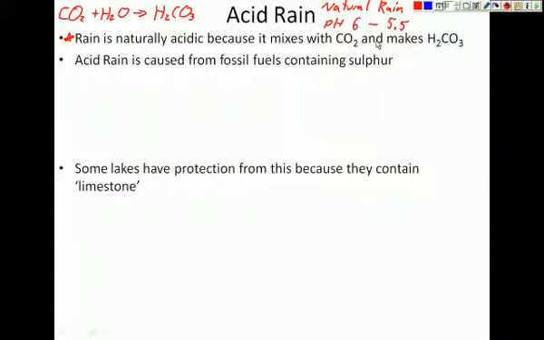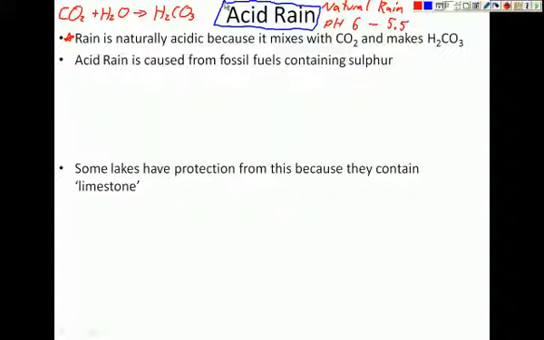Once you get to a pH less than 5.5, it is called acid rain. A pH of 5.6 or even 6 or 5.5 is not acid rain. What we commonly call acid rain is a type of pollution from industries.